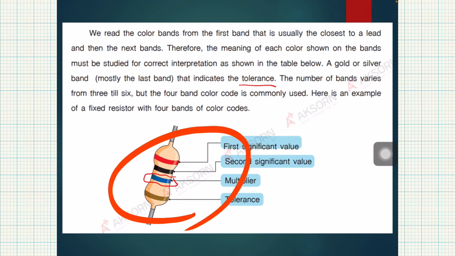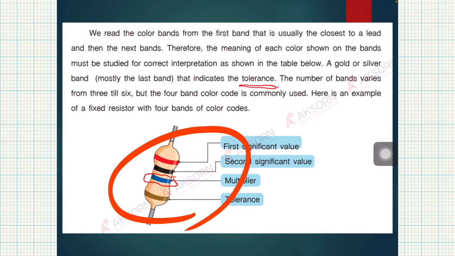So every color here in the resistor must be studied carefully. Like for example, the blue color indicates what we call the multiplier. The red color here is the first significant value. The black color is the second significant value. And then finally, the last is what we call the tolerance.